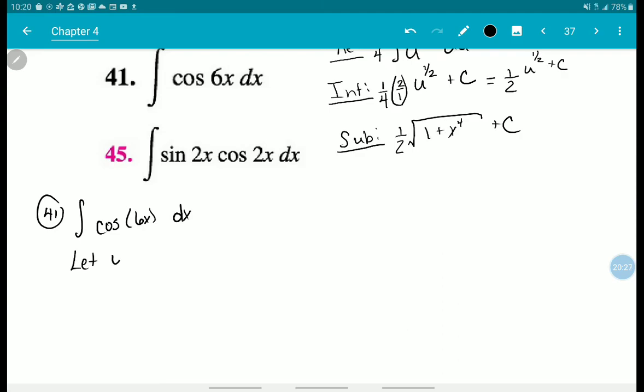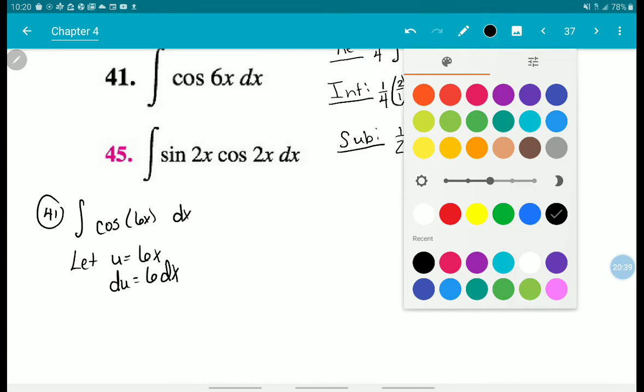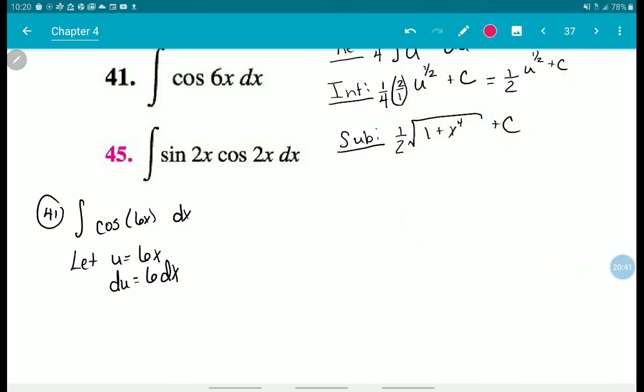So u is the inside function, which is that angle 6x. du is the derivative, so it's going to be 6. And we need to show we took the derivative with respect to x. So we are missing the 6 from du. Now if we multiply the 6 in, we have our du, but we need to compensate with the 1/6.